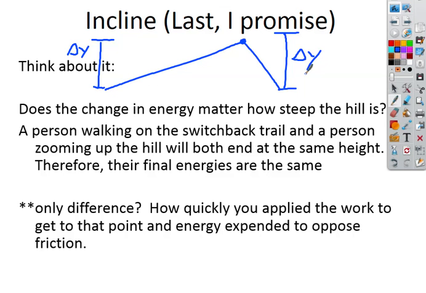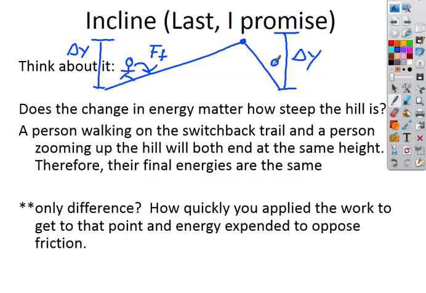So they like to ask again that question of, does any one person do any more work than the other one? On the backpack itself, no. Is it possible that the person themselves is exerting more work? Absolutely. That's why we have to make sure and ask, what are they asking me to figure out the work on? If I'm talking about the person, well, guess what? This person obviously has a lot longer to go, and they might have friction acting on them for longer.